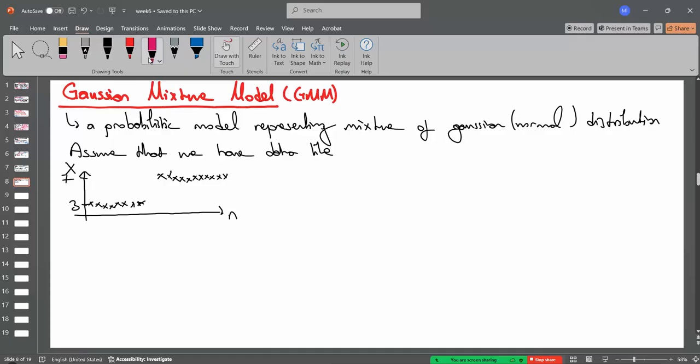And so the model can be given by this one, but we can easily say that this must be class 1, this must be class 2, because the expected values are different from each other.